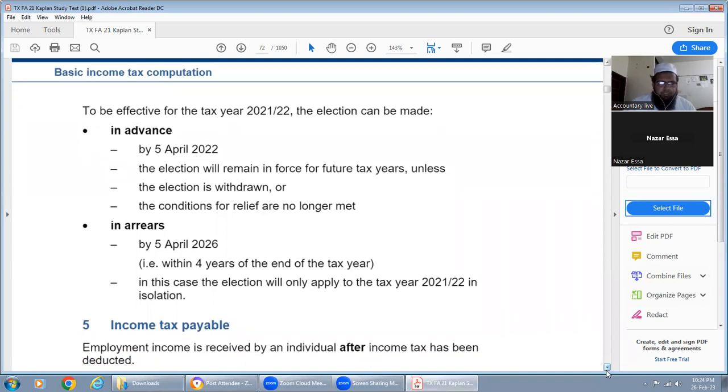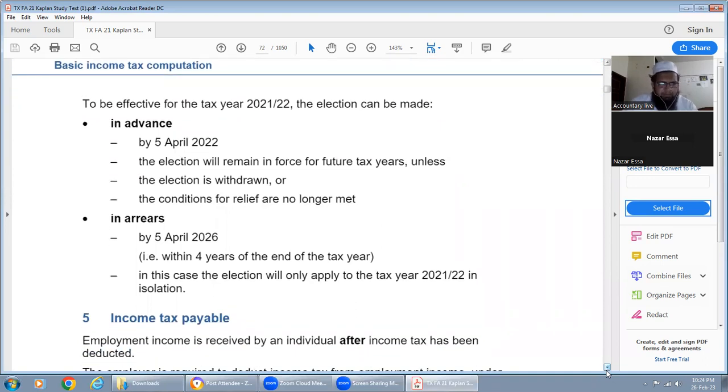If you want to do it in arrears, it will be by 5th April 2026, within 4 years of the end of the tax year.